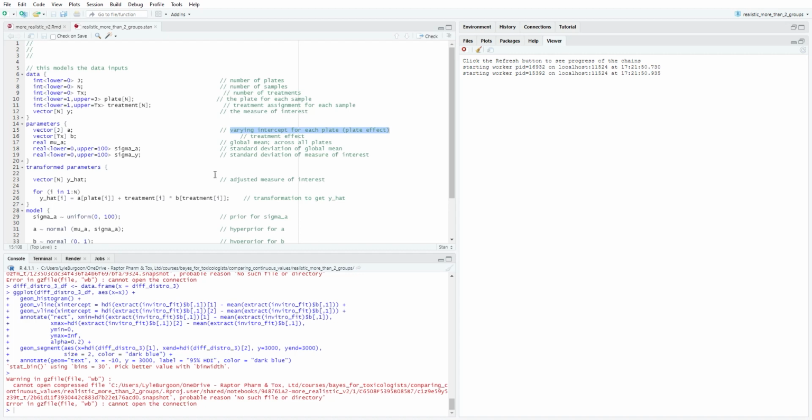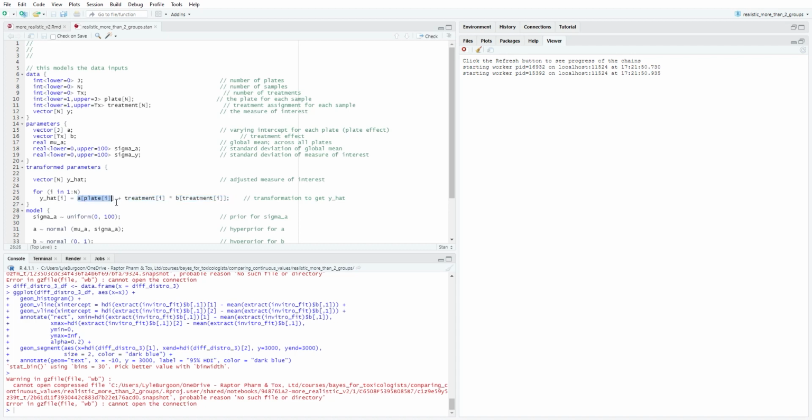And it's easiest if we come down here to talk about this. What we're actually fitting at this line here, the transformed parameters for y hat, is kind of a regression model. It's a linear model. Okay, you can think of it as a linear regression if you wanted to.